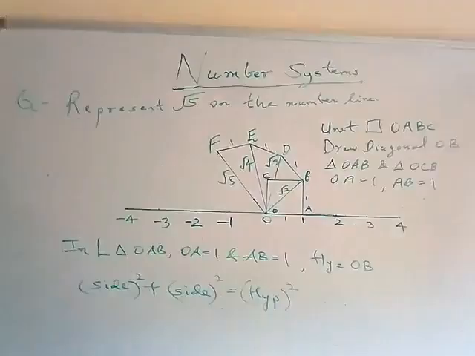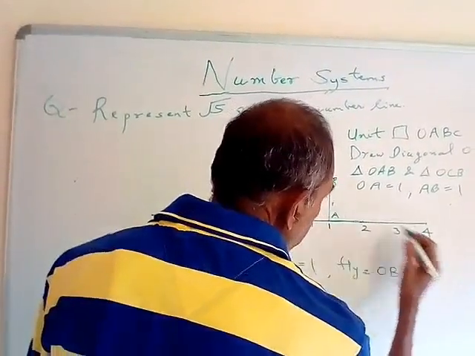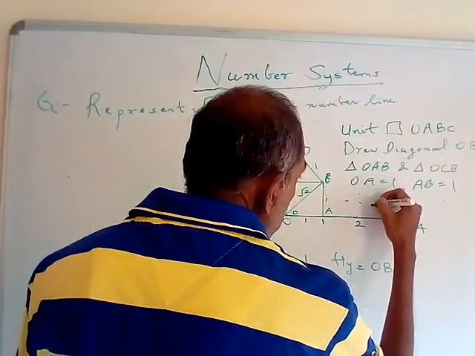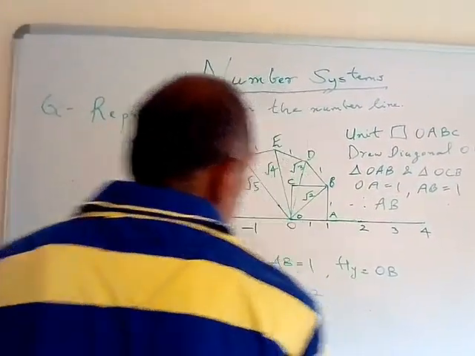OA is 1. Therefore, sorry, OB, not AB, OB.